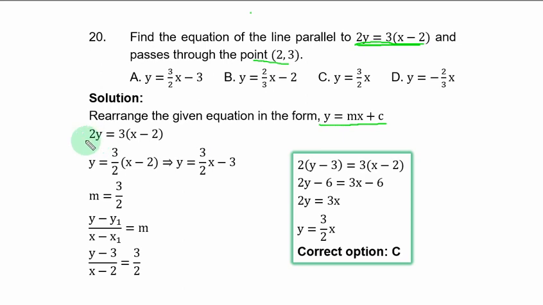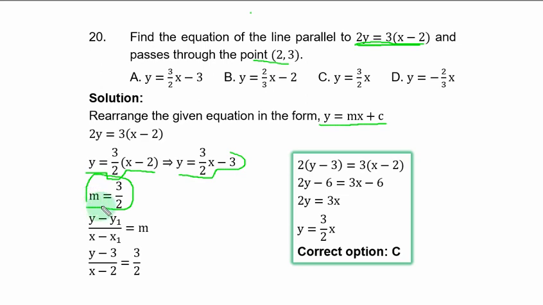So you divide through by 2, and you have y equal to 3 over 2 times s minus 2. If you open the bracket, you have y equal to 3 over 2s. Now 3 over 2 times 2, you see 2 taking off 2, and you are left with minus 3. So therefore m is equal to 3 over 2.